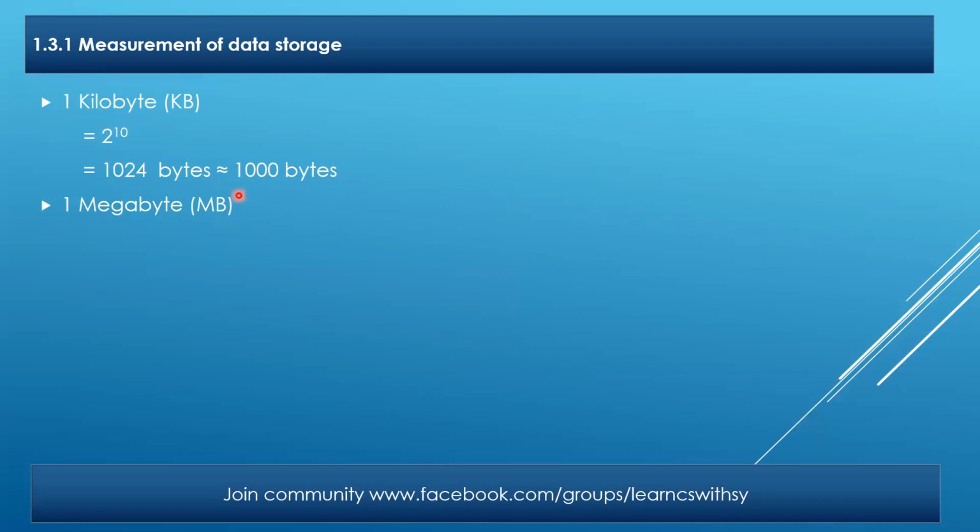Now, for megabytes also, 1 megabyte means 2 to the power 20. That makes it 1024 into 1024, and that makes it in reality 1,048,576 bytes, which is approximately equal to 1 and then 6 zeros here. So just for the purpose of comprehension, I hope that we are clear about this, that kilo means 1000, and then we have 1000 into 1000.